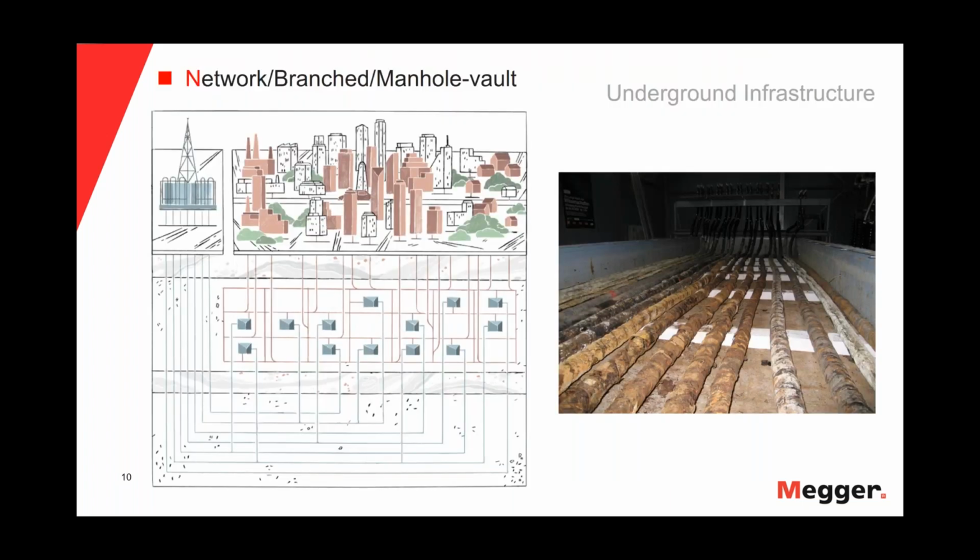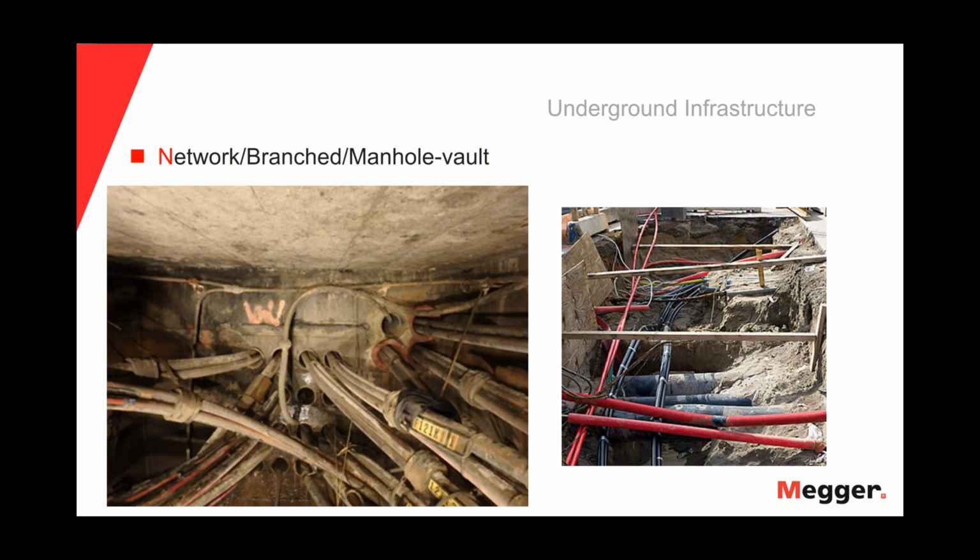So if we look at underground infrastructure, we can roughly break it into 2 different areas, what we would call a networked, branched, manhole system. I commonly call these systems downtown network systems, and they come in different flavors, but one thing common in these types of systems is the complexity.